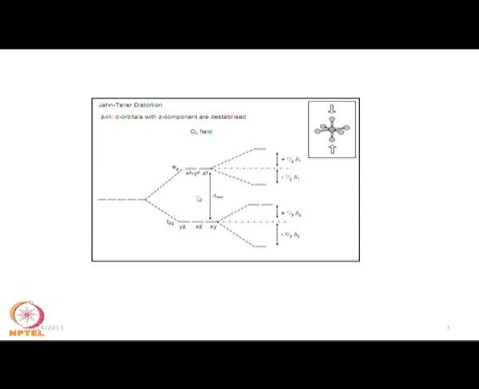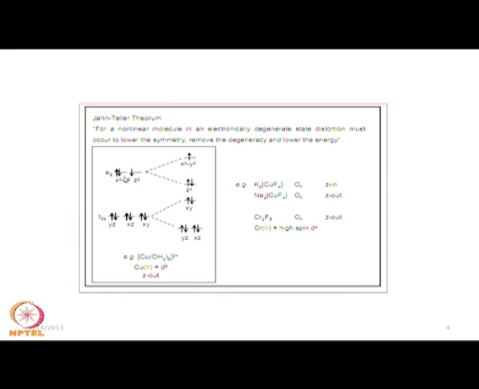So, this is basically the one for the compressed situation, and for other situations we can have K2CuF4, potassium tetrafluorocuprate, and sodium tetrafluorocuprate.